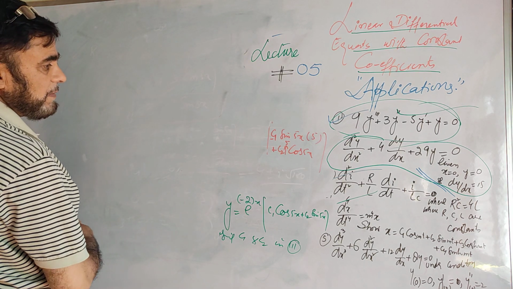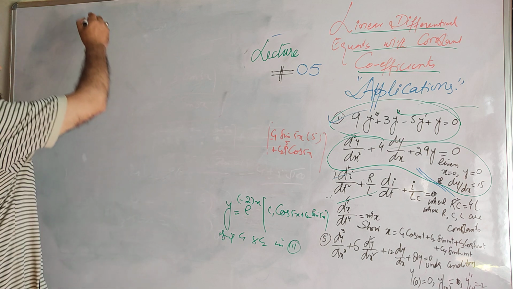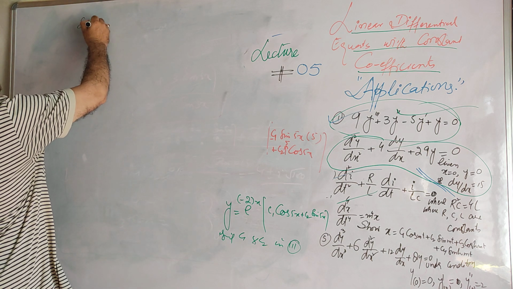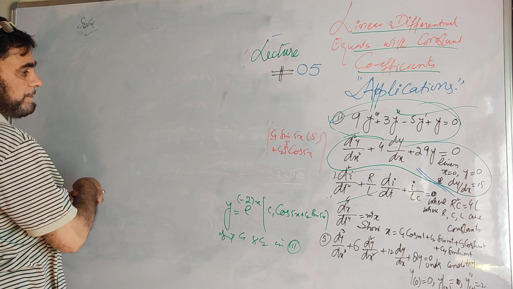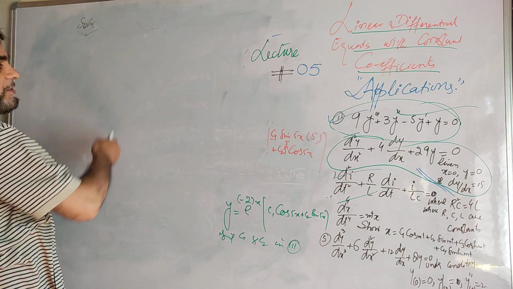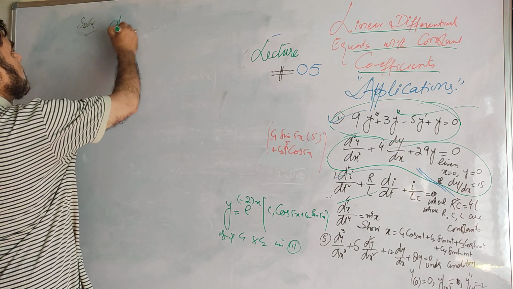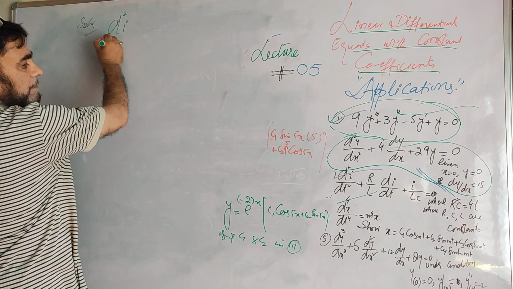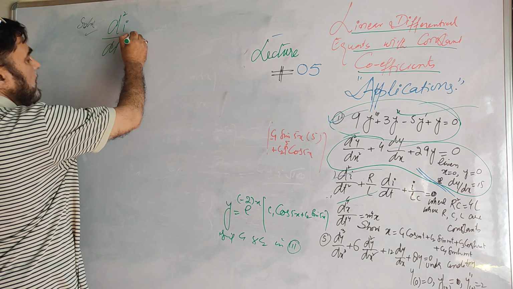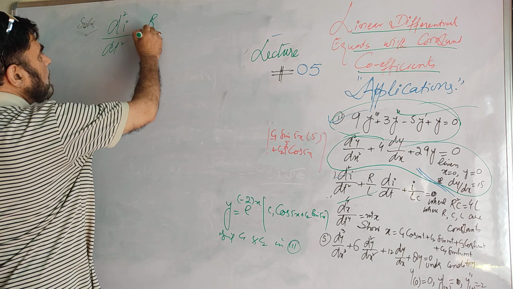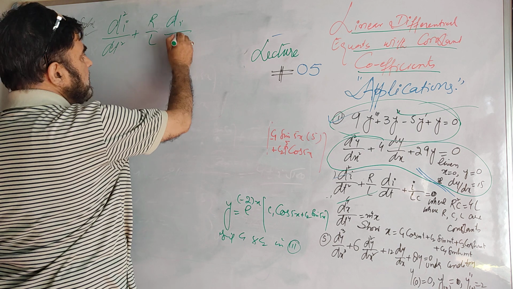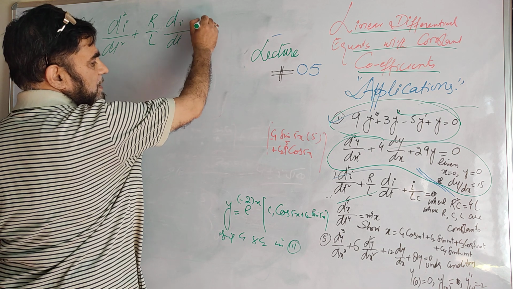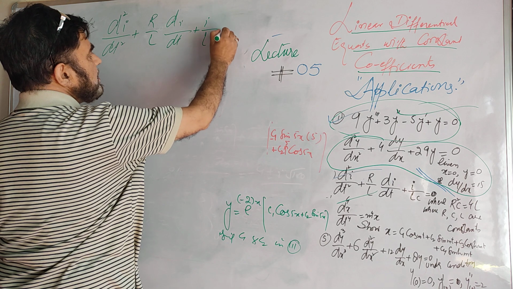Let me take one more problem. It is: solve the differential equation, which is d2i by dt square plus R by L di by dt plus I by LC is equal to 0.